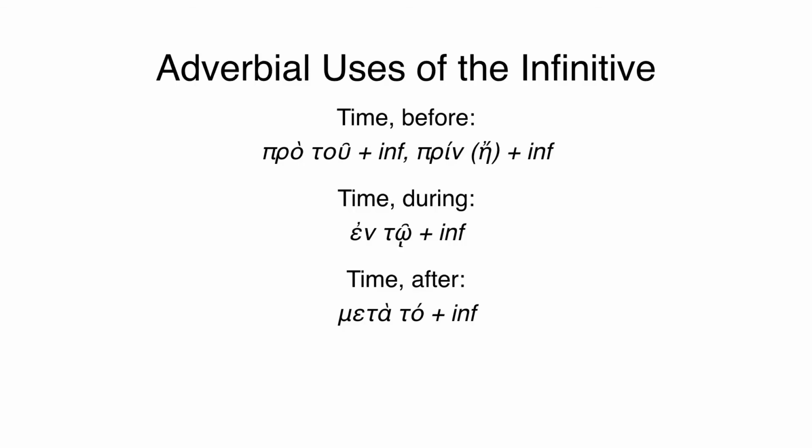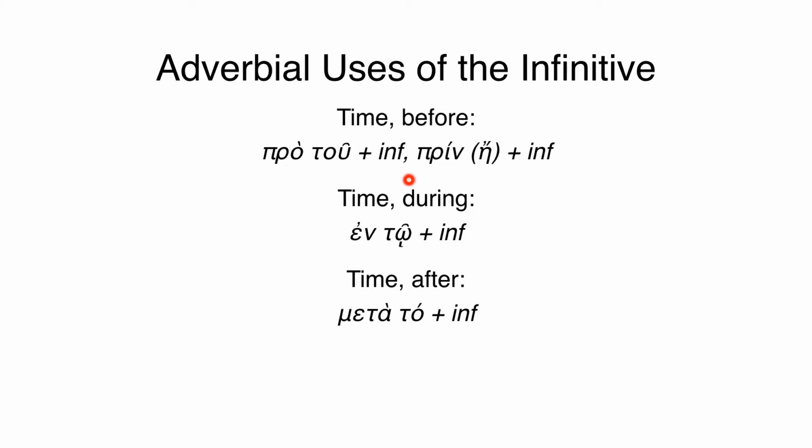Continuing on. The infinitive can be used to indicate three different temporal frames. That is, it indicates time before, time during, and time after. And each of these has their own infinitival construction. First, we have time before. We may have pro tou plus infinitive or prin plus infinitive.